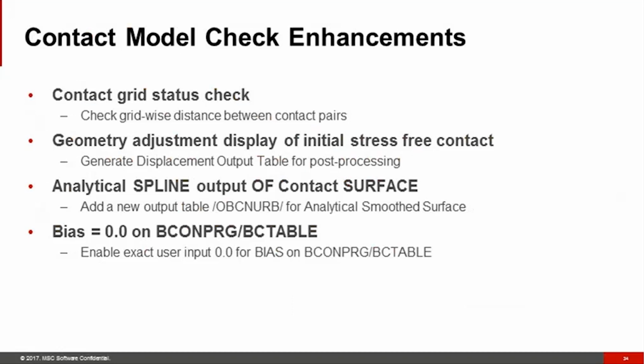Then we have added the functionality to display the geometry adjustments of initial stress-free contact. We also added the functionality to display the SD line output of contact surfaces when analytical contact is used, and a minor enhancement where BIAS equal to 0 is now possible to enter.